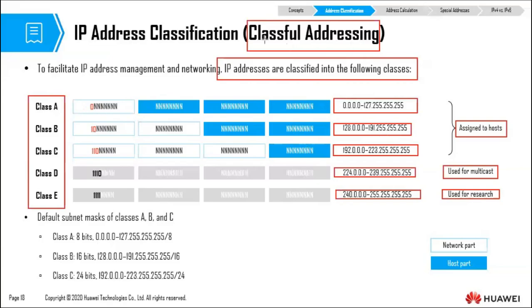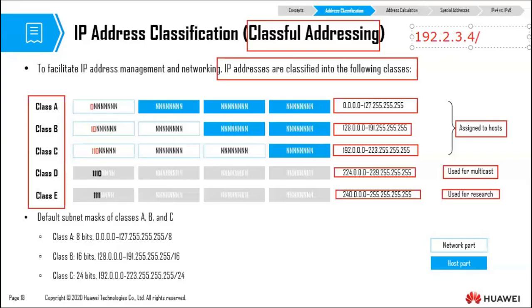Now, one easy way to remember the address ranges. In an exam, you'll be given a question like, you'll be given something like 192.3.4.